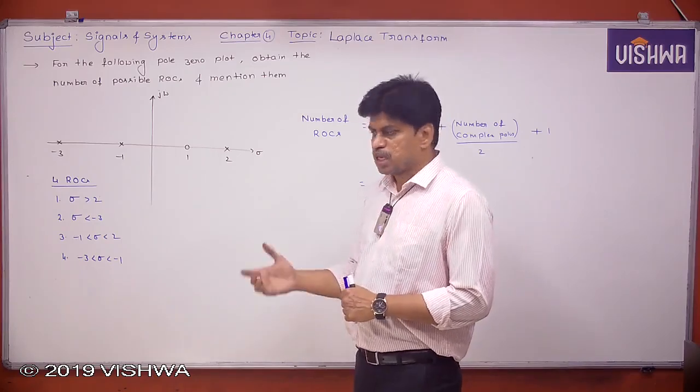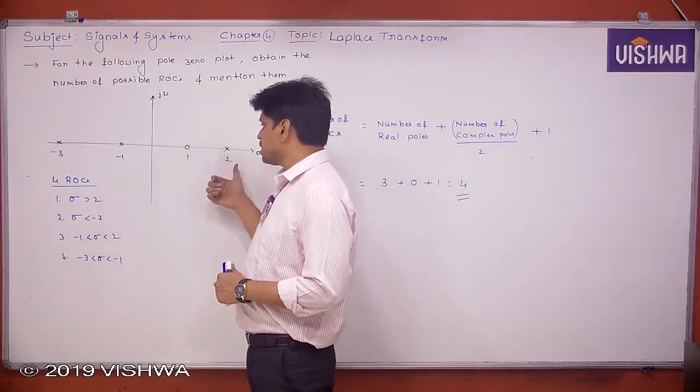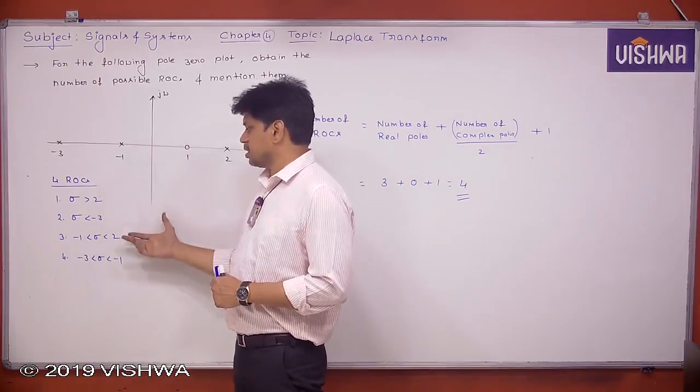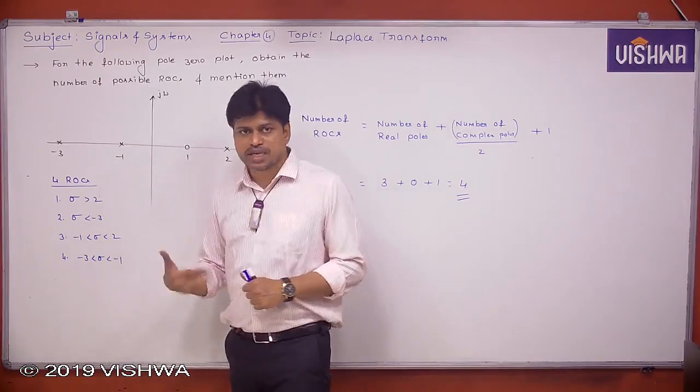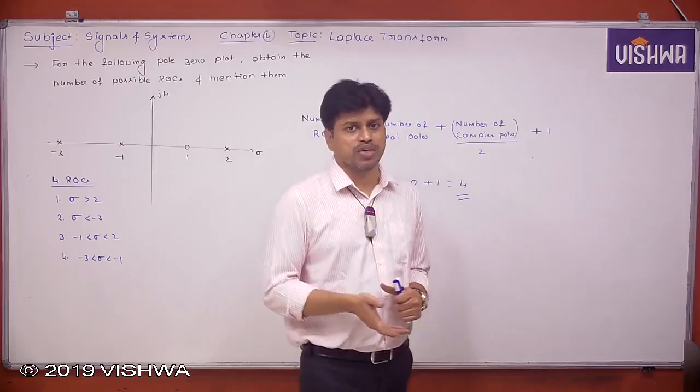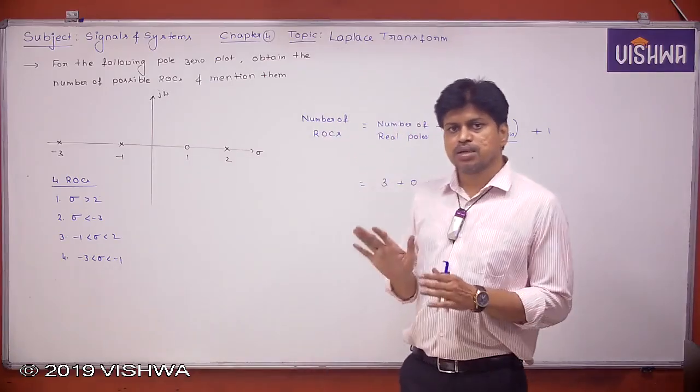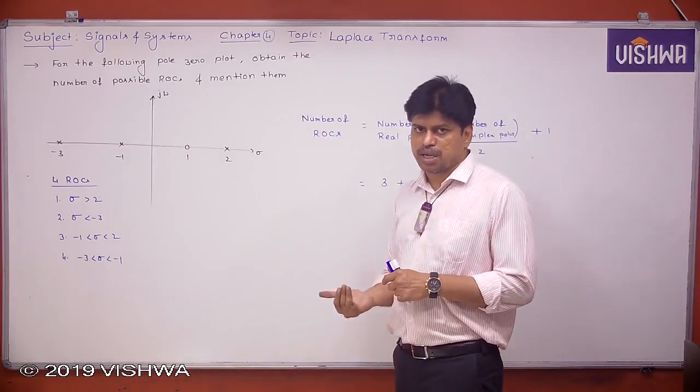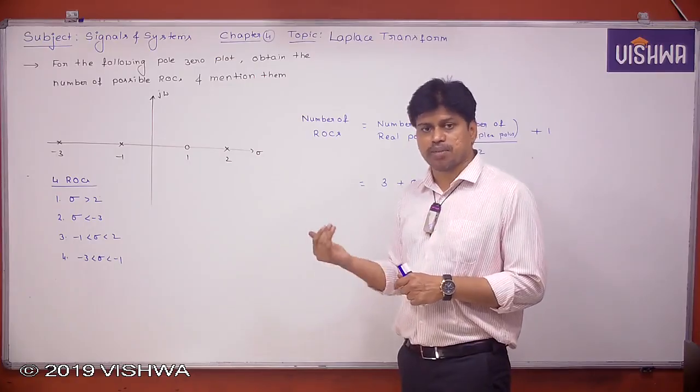Why? Depending on the ROC, we can write a signal. So how many x of t signals can we write? We can write 4 ways. So I can simply say the number of inverse Laplace transforms is equal to the number of ROCs.